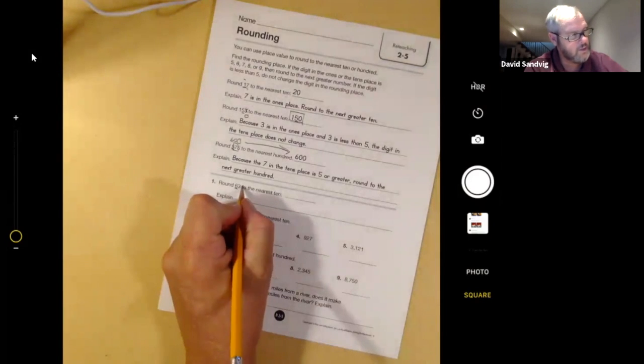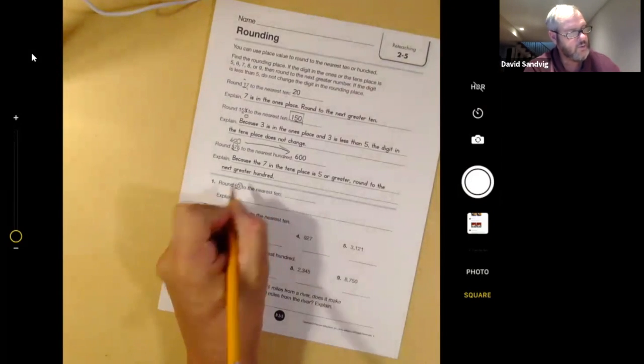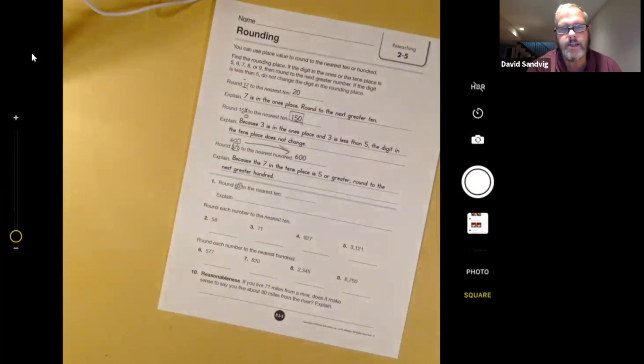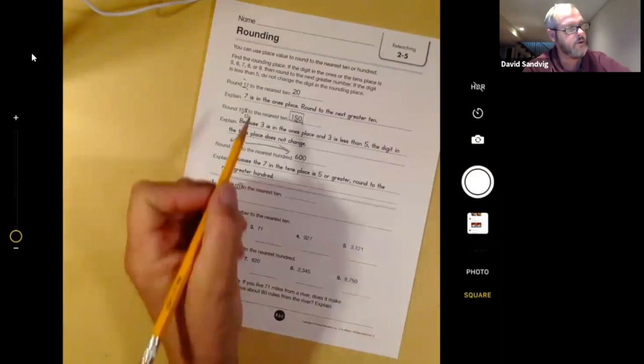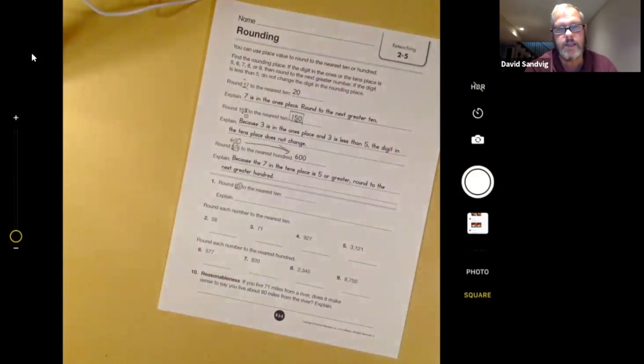You're going to use the 3 to round, and you're going to ask yourself the question: 5 or more, raise the score. 4 or less, let it rest. If you don't remember, you can go back up here. It'll give you a hint.